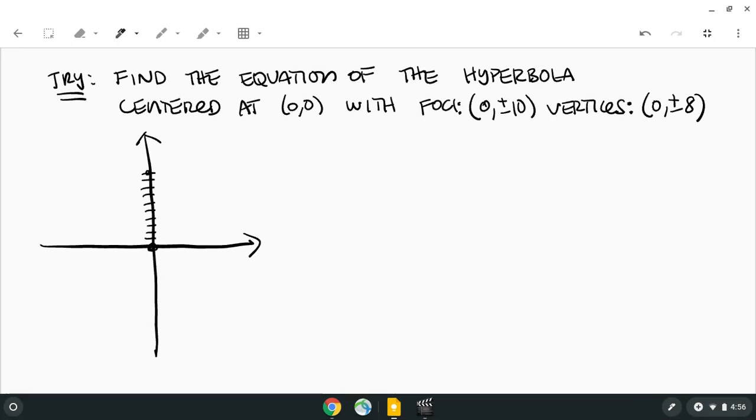That's a focus point. I'll put an F. 1, 2, 3, 4, 5, 6, 7, 8, 9, 10. Vertex at 0, 8. And 0, negative 8.